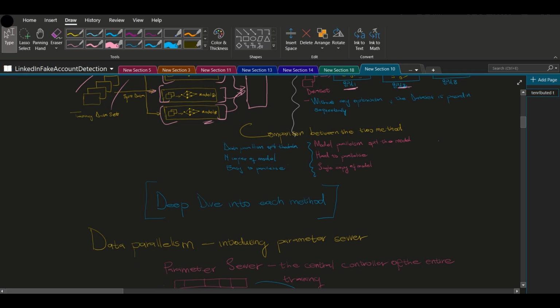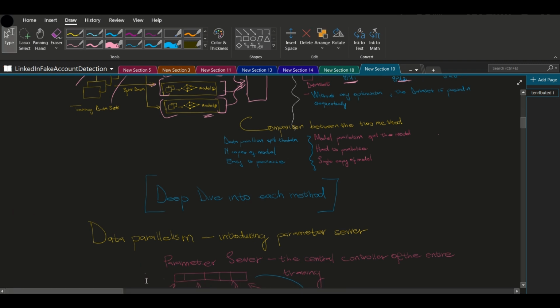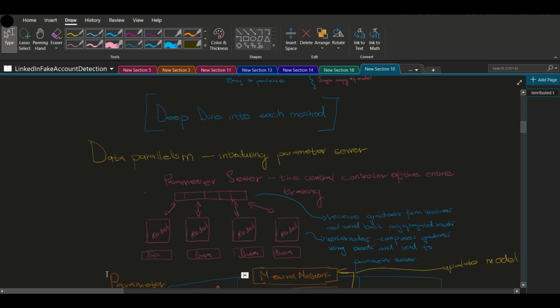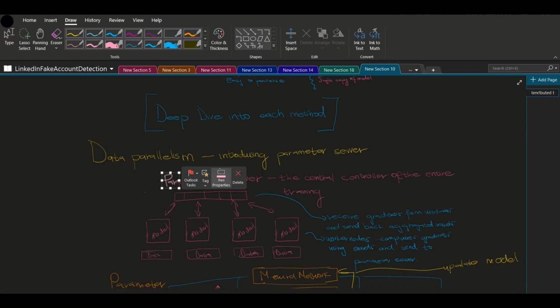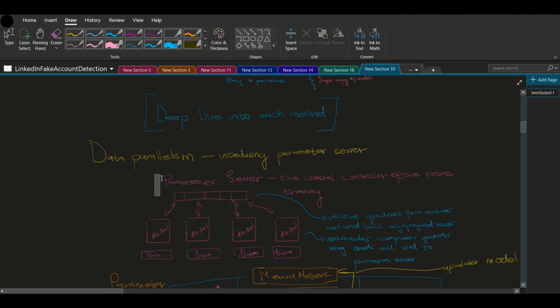Now I want to deep dive into this and explain all of these concepts in more detail. So data parallelism has a concept of a parameter server. You can think of this as a server whose job is just to receive the gradients from all the workers.